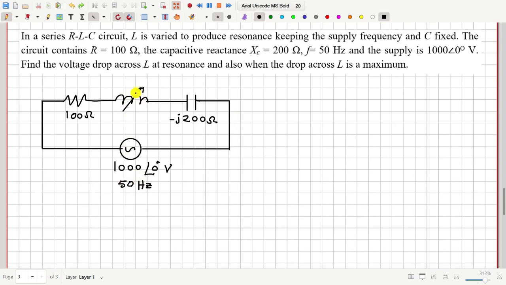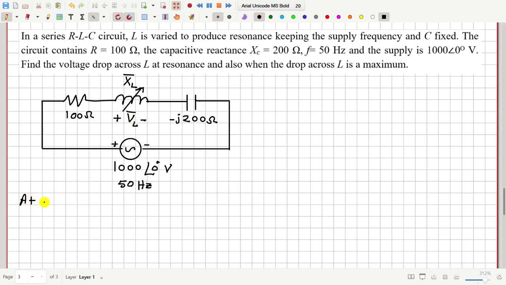The inductance is variable. Suppose the impedance of the inductor is XL bar and the voltage across the inductor is VL bar, plus minus. Then we have to find the value of this voltage VL at the resonance condition.